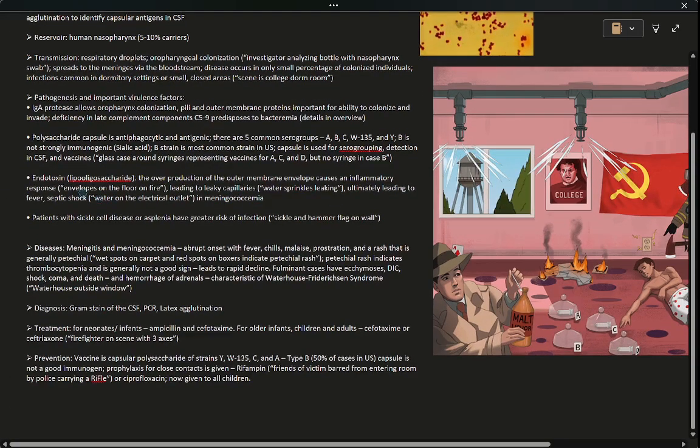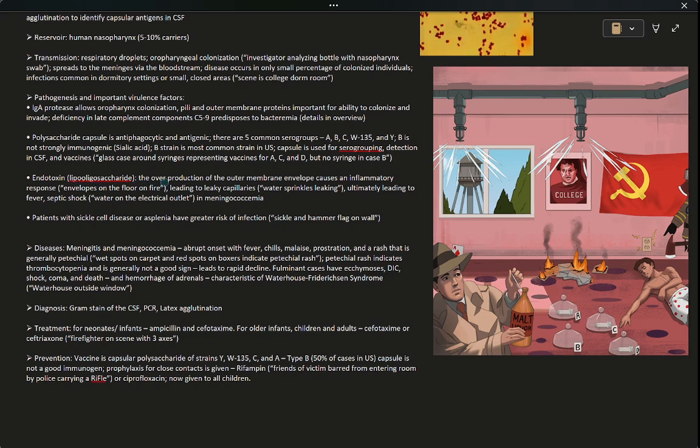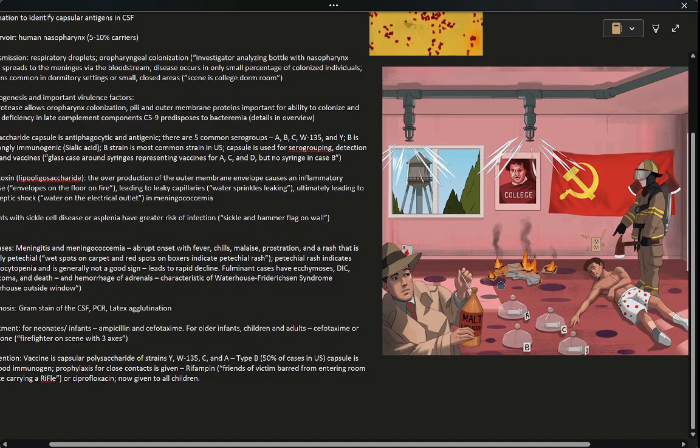And then for the endotoxin, it is a lipooligosaccharide. So the overproduction of the outer membrane envelope will cause an inflammatory response through this endotoxin. And you can remember this by thinking about the envelopes on the floor on fire, as shown over here.